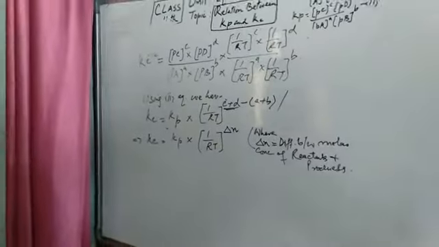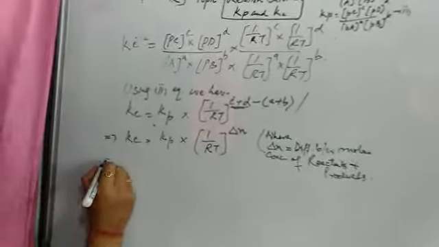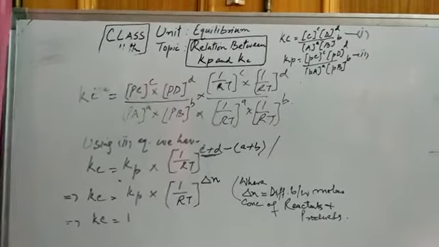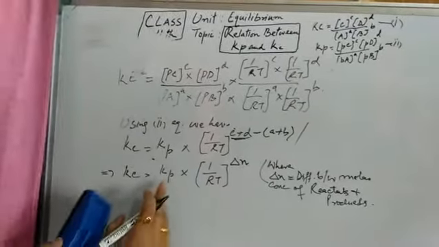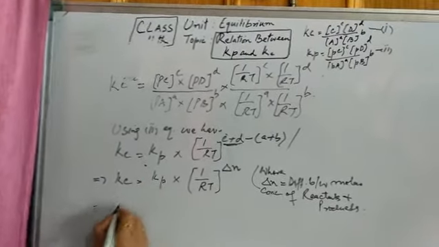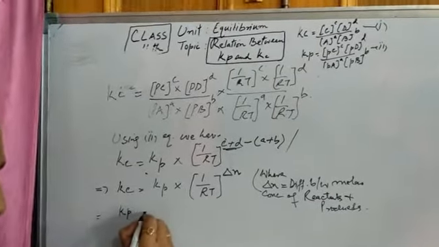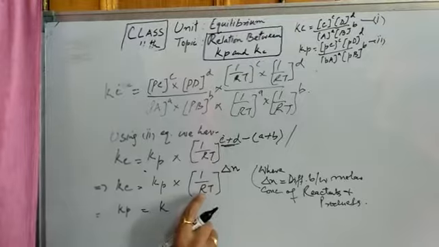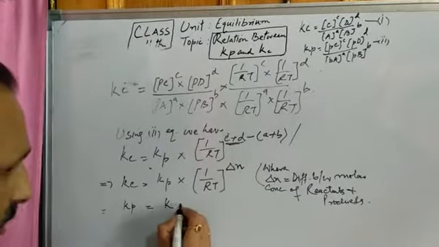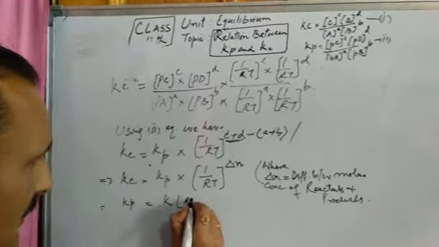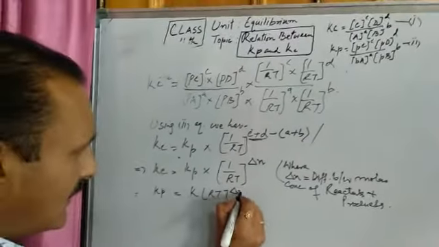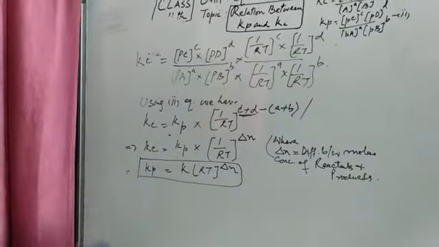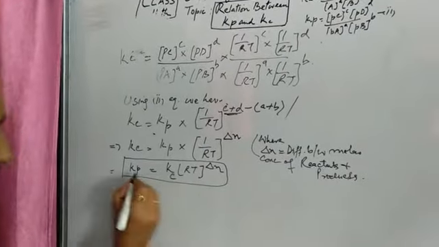If we further solve this, what will we get? We will get Kc is equal to Kp, and we can solve this like this. Let us find Kp here. Kp will be equal to Kc; we will take a reciprocal of it, and its reciprocal will be equal to RT raised to power delta n. So this equation gives us the relationship between Kp and Kc.